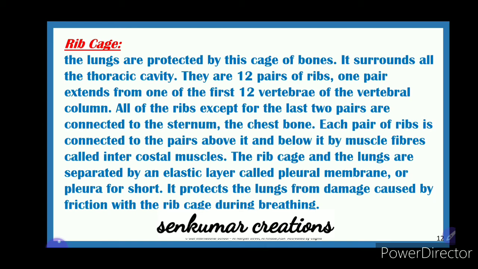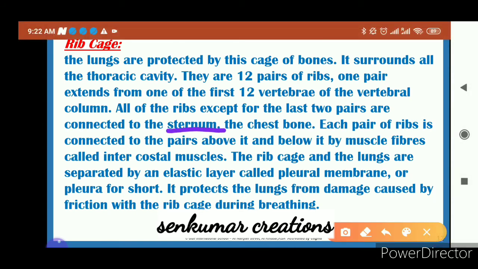All of the ribs except the last two pairs are connected to the sternum, the chest bone, okay? So except the last two pairs, the other 10 pairs are connected with the chest bone. The name of the chest bone is the sternum, okay?